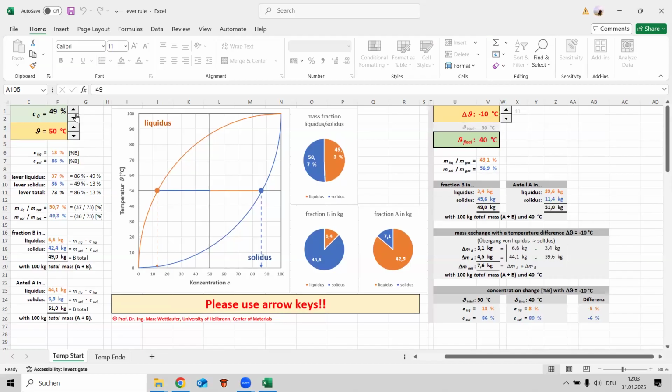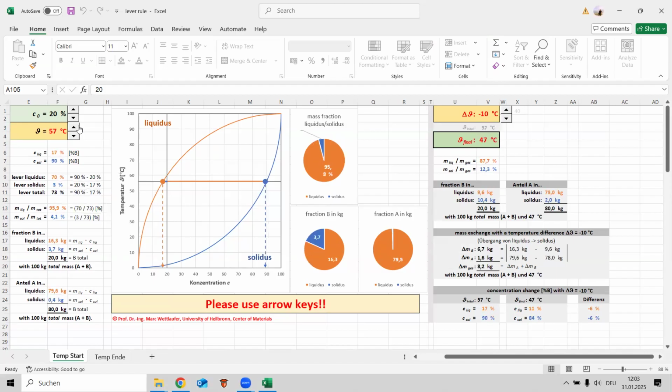So we can change the initial concentration, for instance, to 40, 30, or maybe 10, and change the temperature.